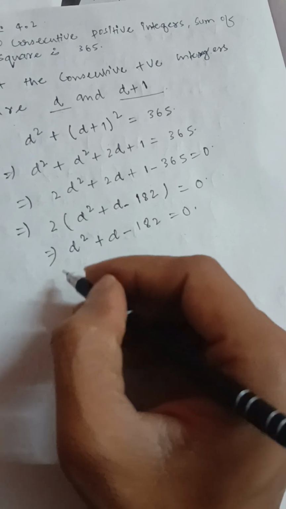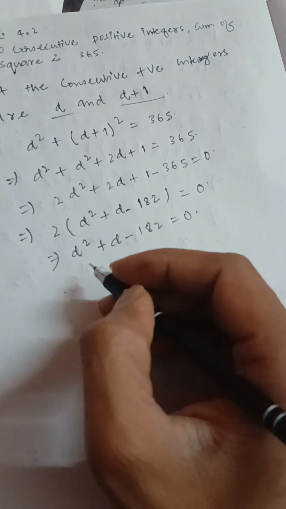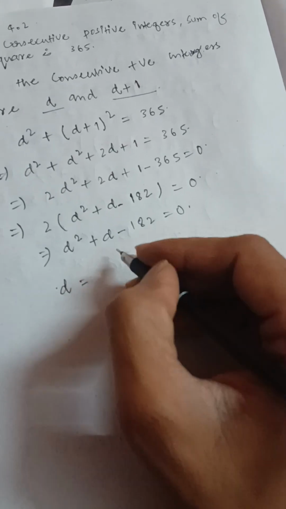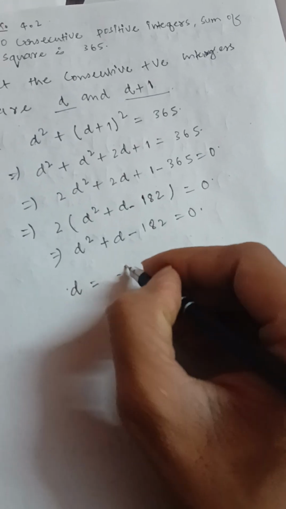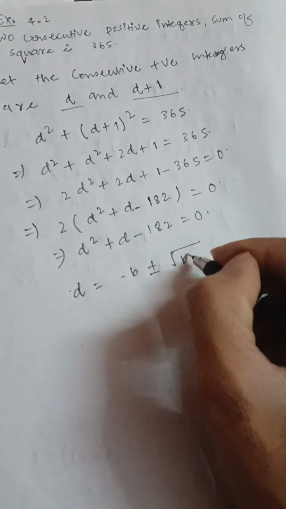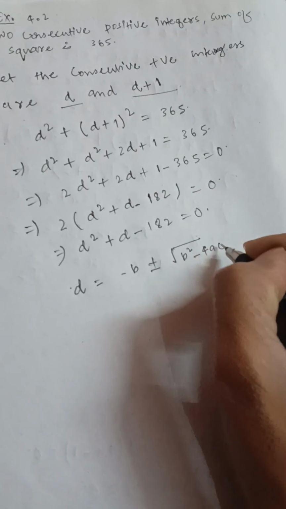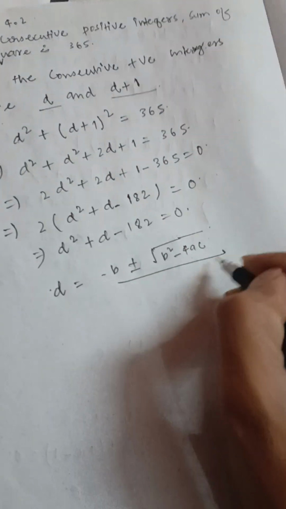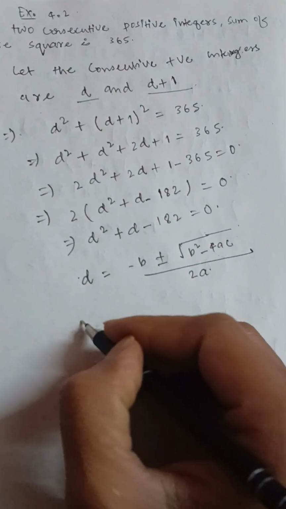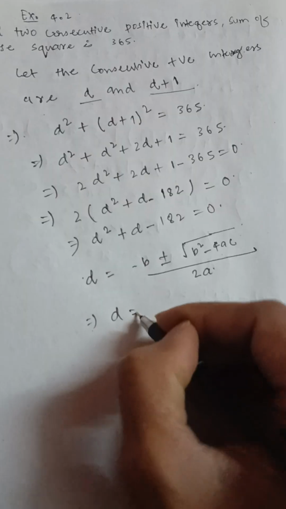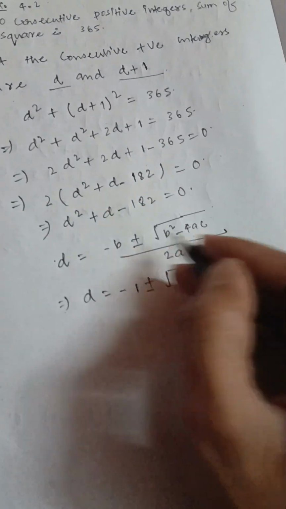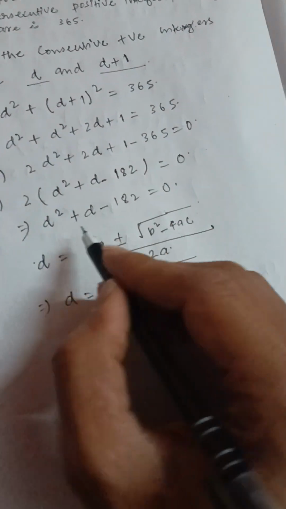Then alpha equal to minus b plus minus under root b square minus 4ac divided by 2a. So alpha equal to minus 1 plus minus under root 1 square minus 4ac.